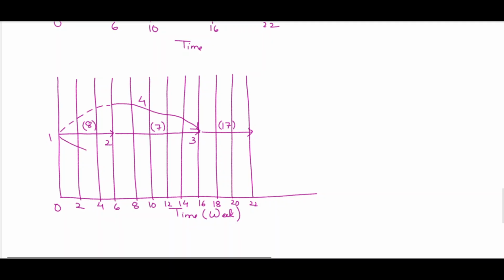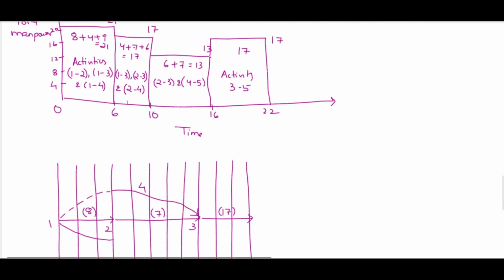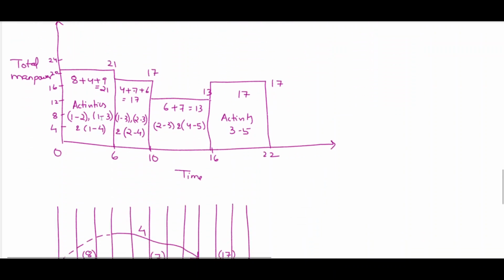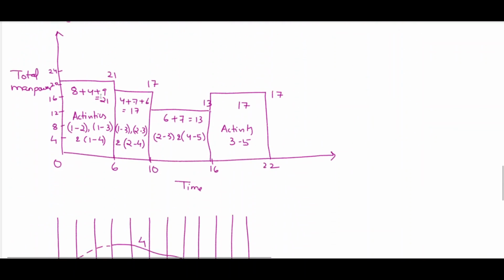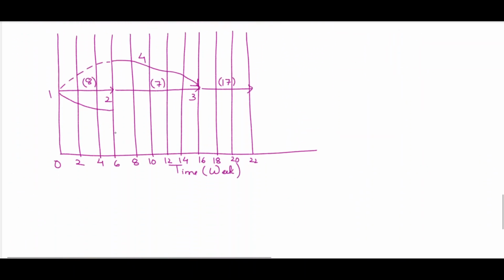The slack period is up to 10. This is the 1 4 activity, it consumes 9 manpower. So here we can see that 9 plus 8 is 17.